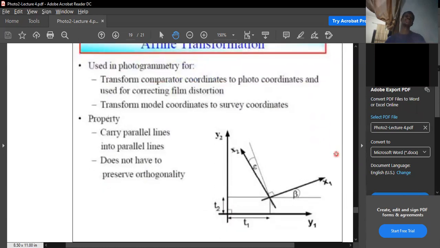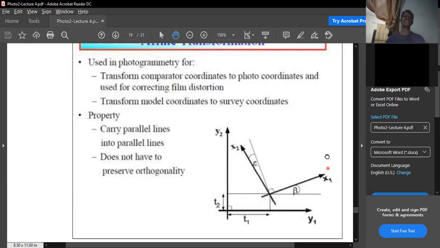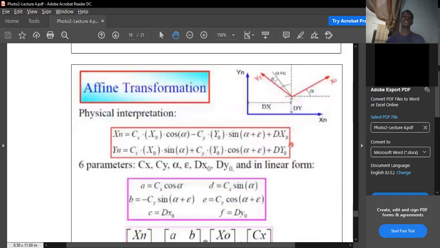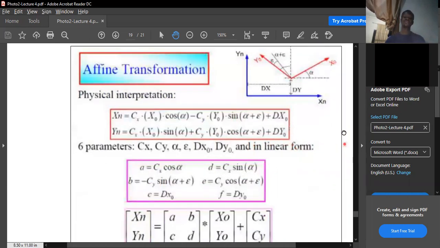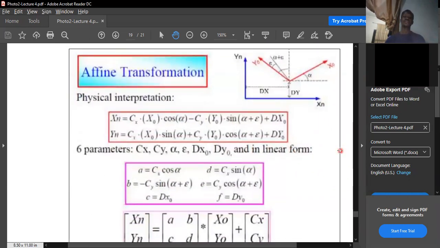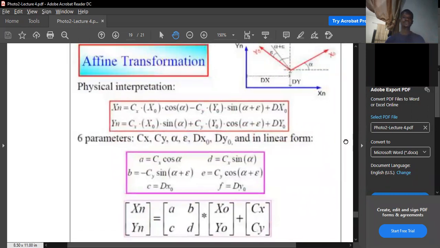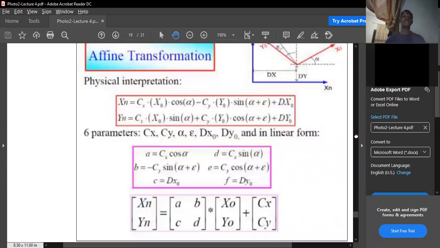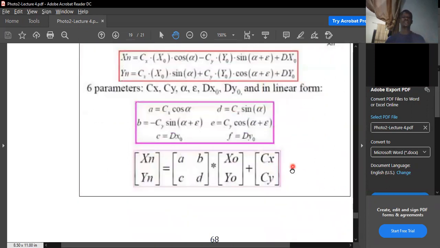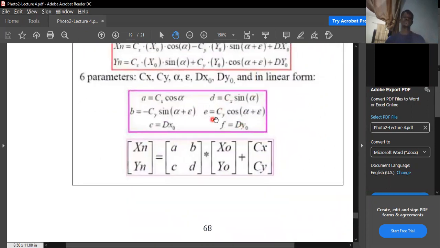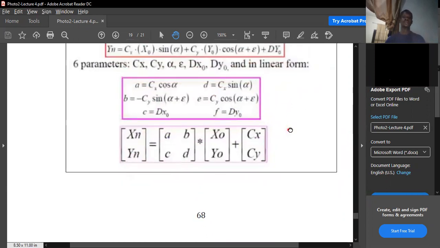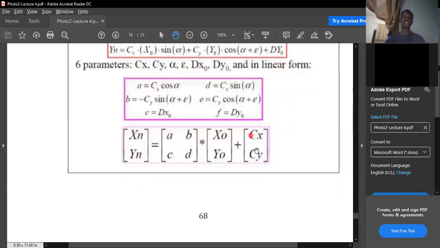As the distortion increases, we will even find out that we just don't need an affine transformation. We also need to use other methods that work. But the affine looks similar to the similarity transformation or the conformal. Obviously, instead of having sine theta, you have sine alpha plus epsilon, etc. Those changes are factored into the coefficients, and then we now start solving for the coefficients.